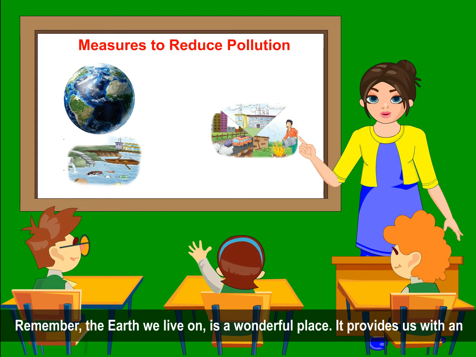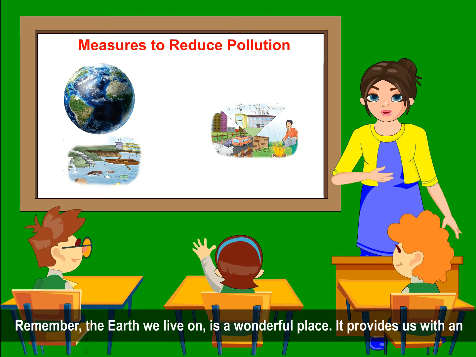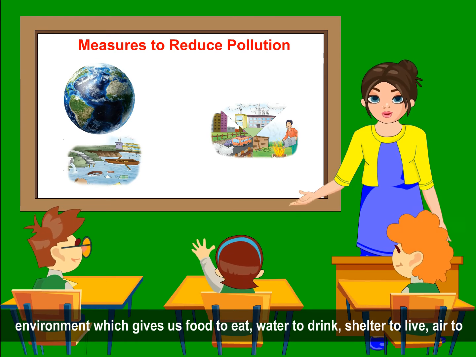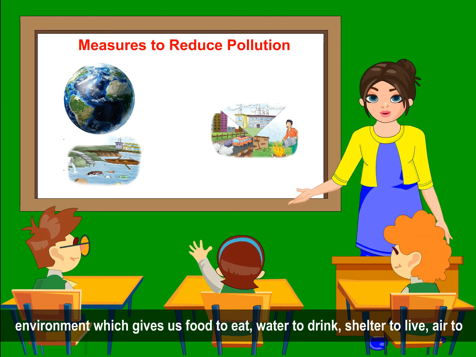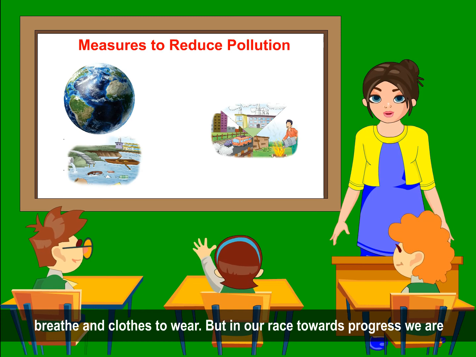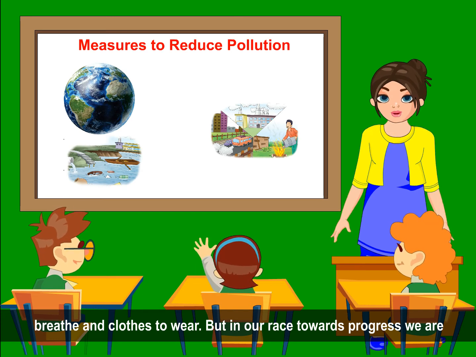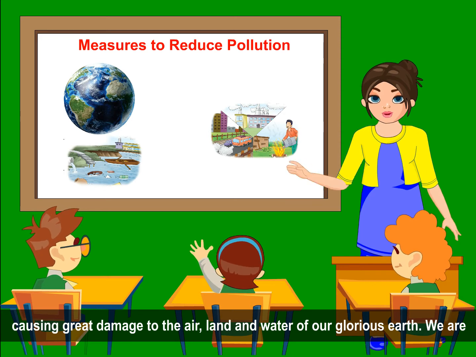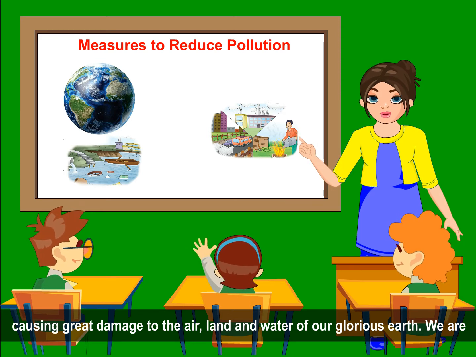Remember, the earth we live on is a wonderful place. It provides us with an environment which gives us food to eat, water to drink, shelter to live, air to breathe, and clothes to wear. But in our race towards progress, we are causing grave damage to the air, land, and water of our glorious earth.